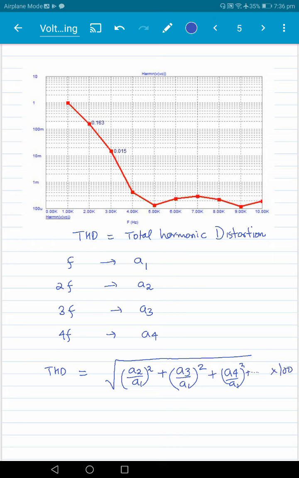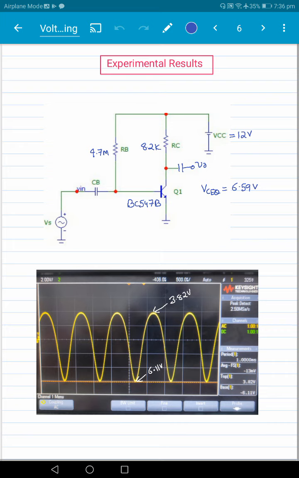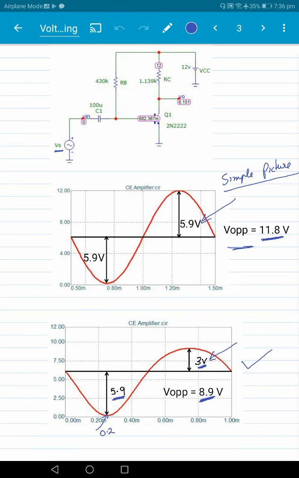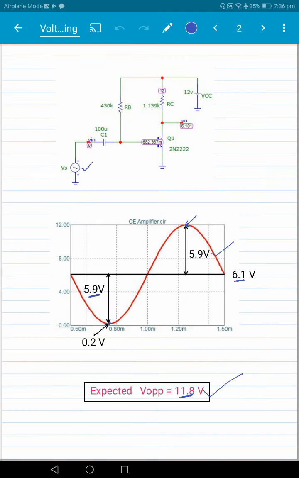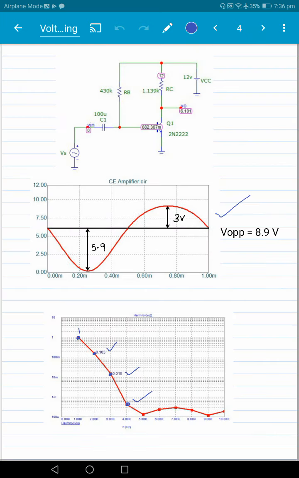That gives us the total harmonic distortion in percentage. For the waveform that we have, the total harmonic distortion is almost 16.3%. So it's a fairly high harmonic distortion.